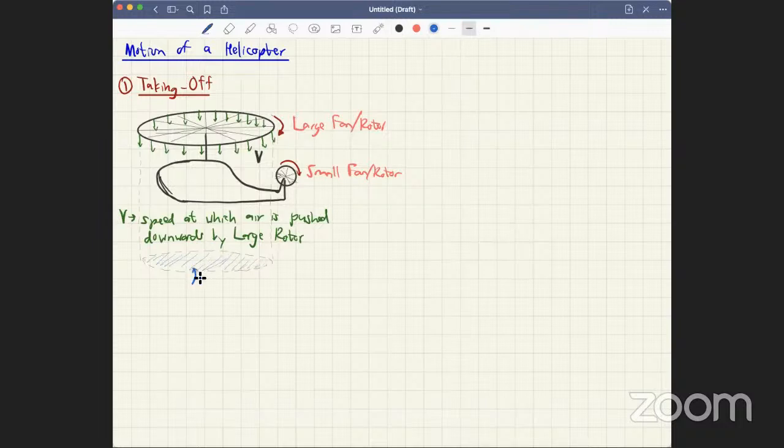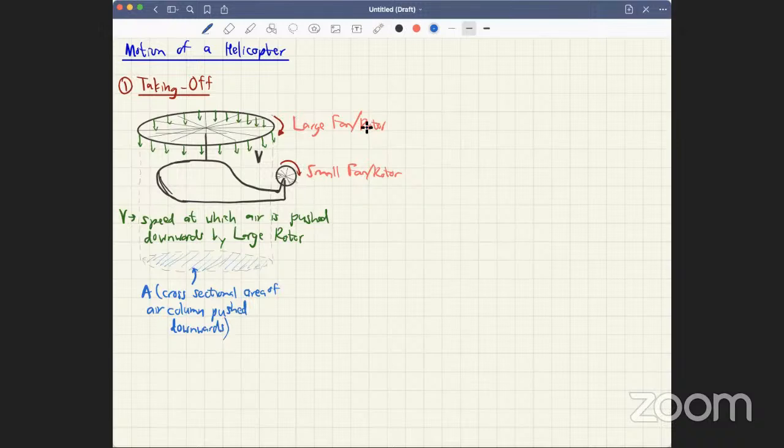I'll take it as capital A. Capital A is the cross-sectional area of the air column pushed downwards.